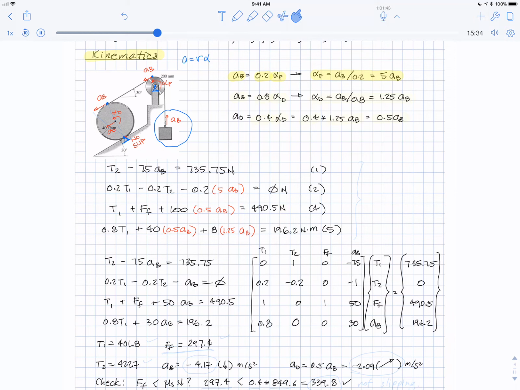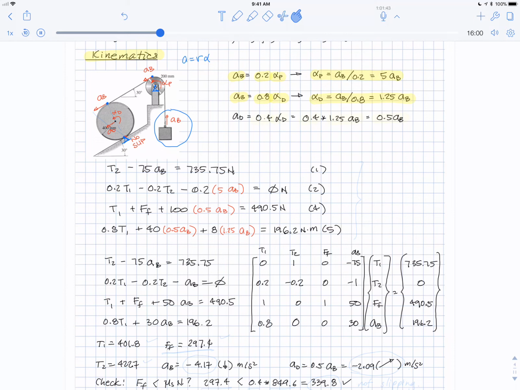Same thing for the disc. The top of the disc, where the rope touches, has an acceleration of a block. The distance from the pin at the bottom of the disc to that point is the diameter, 0.8, so 0.8 times alpha of the disc equals a block. Solving for alpha of the disc, you get 1.25 a block.